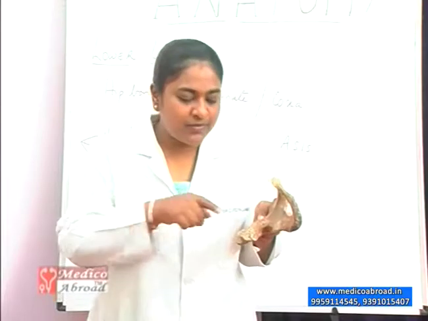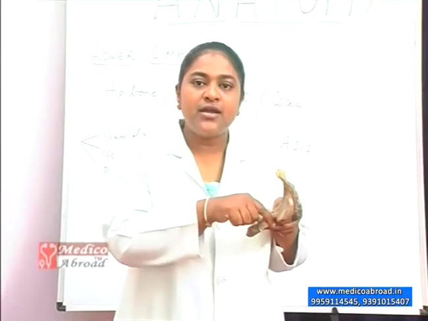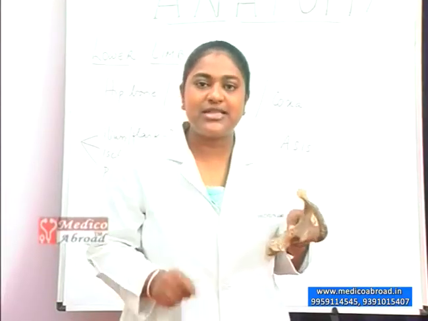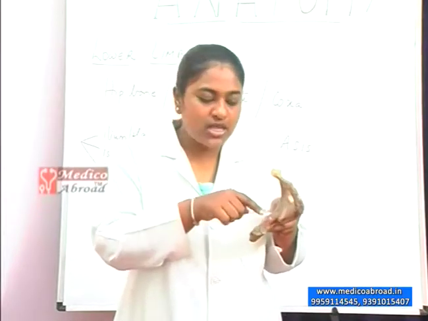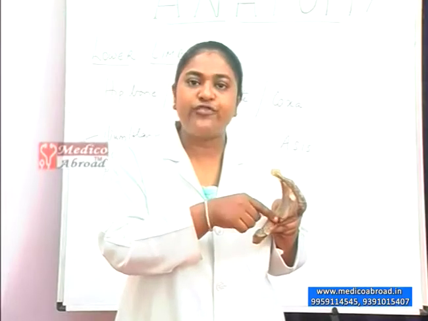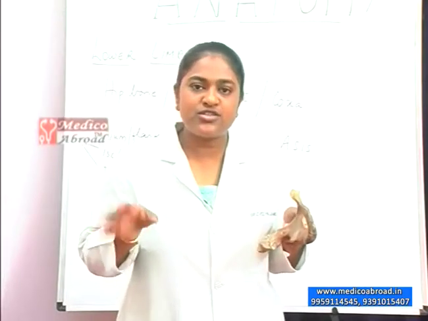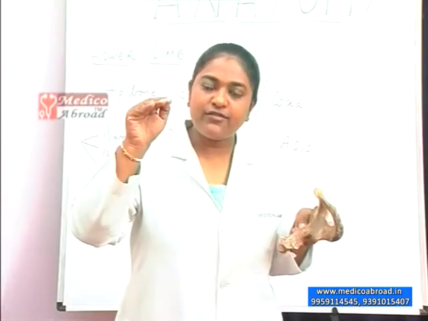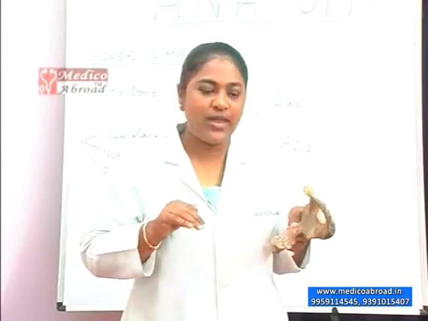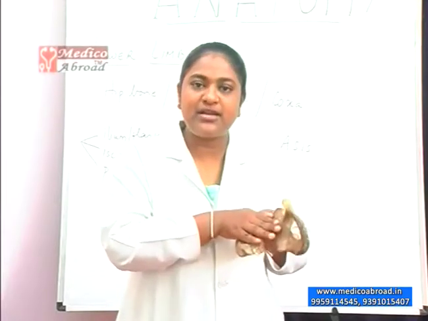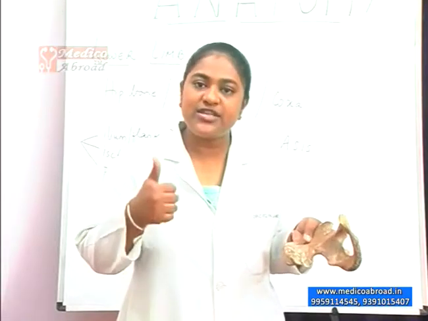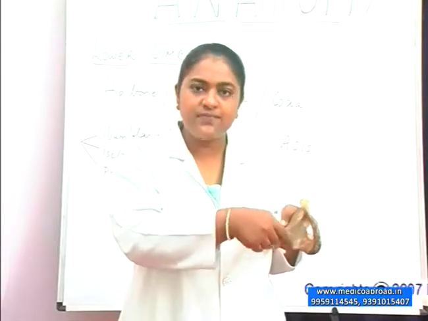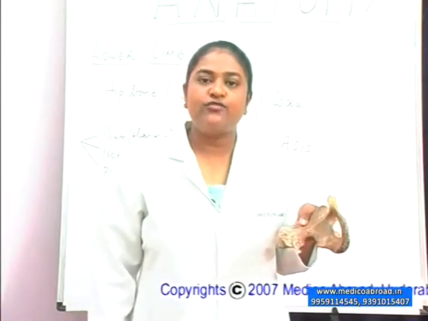The main muscle which comes out of it is the piriformis, and there are different structures which pass above and below the muscle. The sciatic nerve is one important content in the greater sciatic foramen.